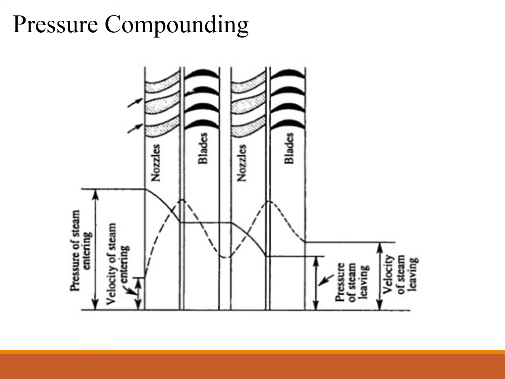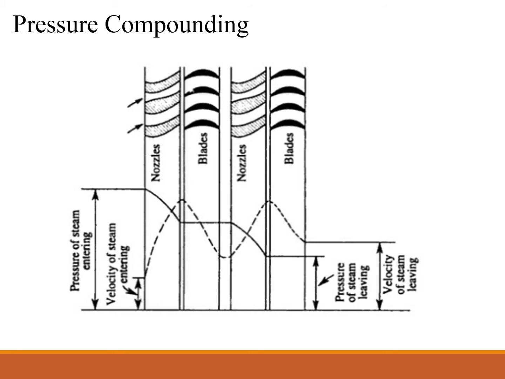Pressure compounding. Pressure compounding is done by arranging the expansion of steam in a number of stages. So, we could arrange a number of simple impulse turbines in series on the same shaft, allowing the exhaust steam from one turbine to enter the nozzle of the next turbine.